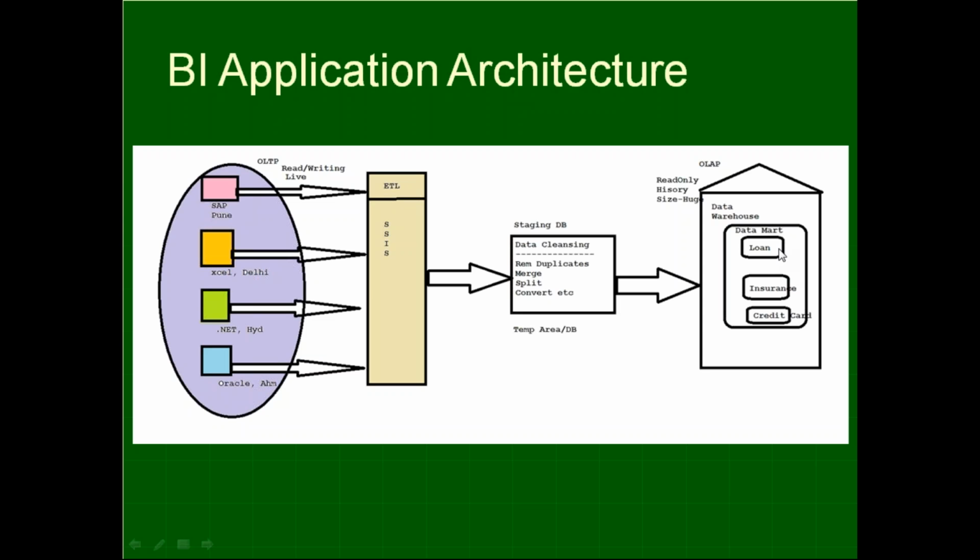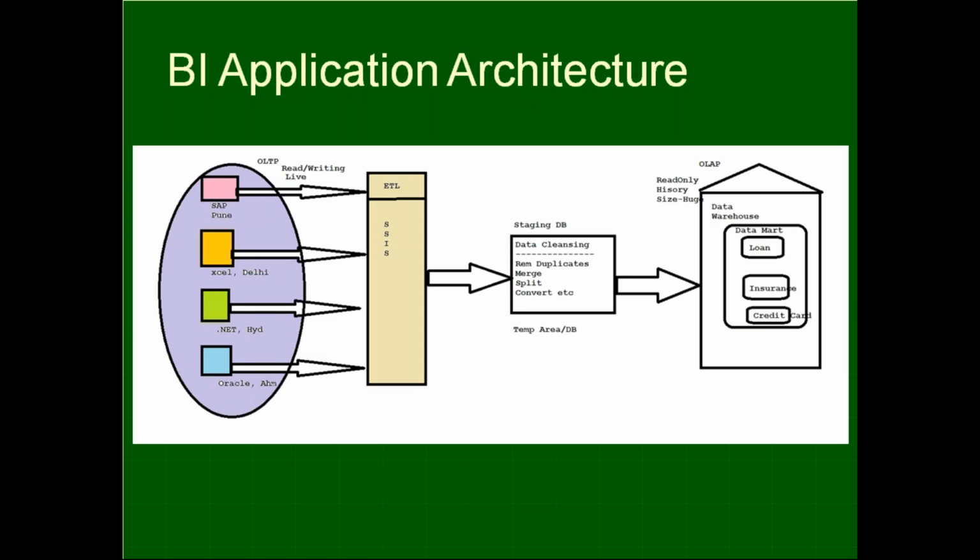Now, when you load the data, similar kinds of data you have to group and store in one small folder called loans. Another kind of data, for example insurance data, I want to group and store. Credit card data, for example: the bank issues the credit card, you take the credit card and make the payments.